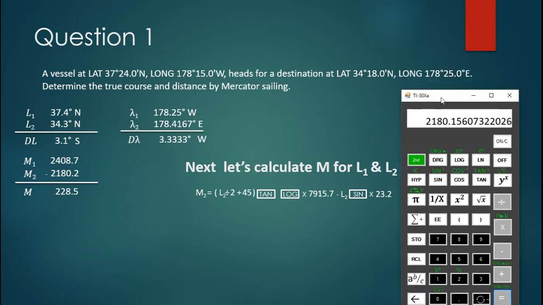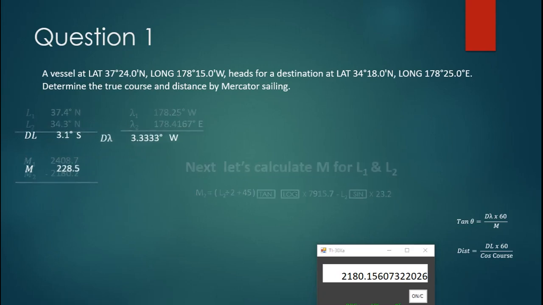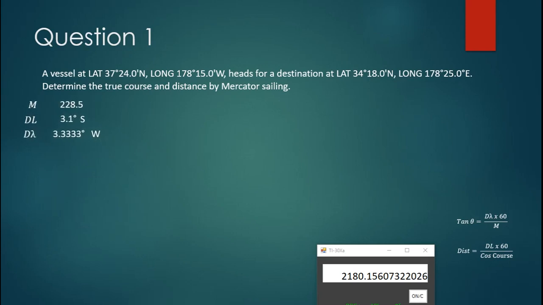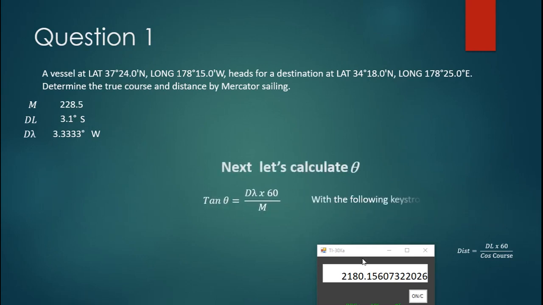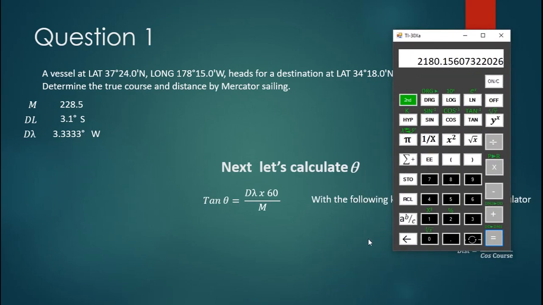And we come up with 228.5 for M. Now that we have M, DL, and D lambda, we can calculate our course. And we're going to do it with these buttons on the calculator.